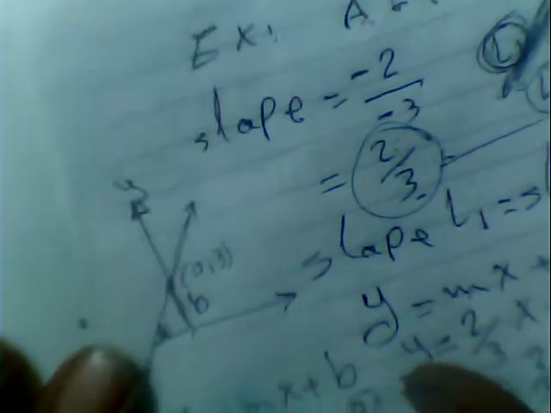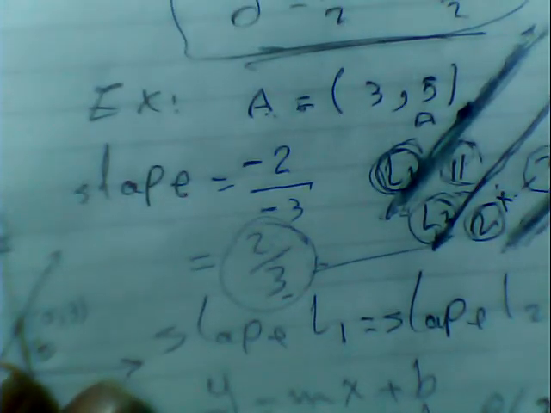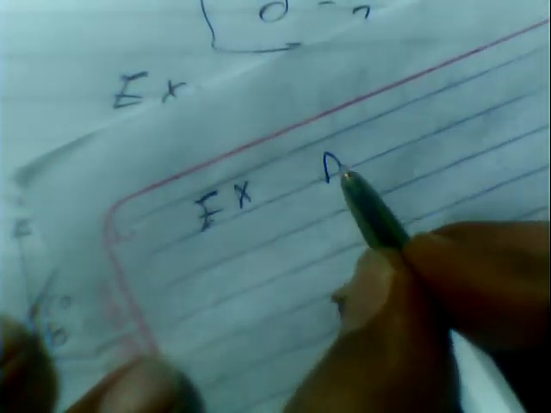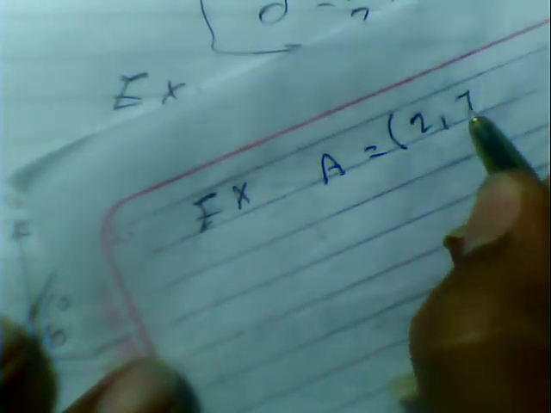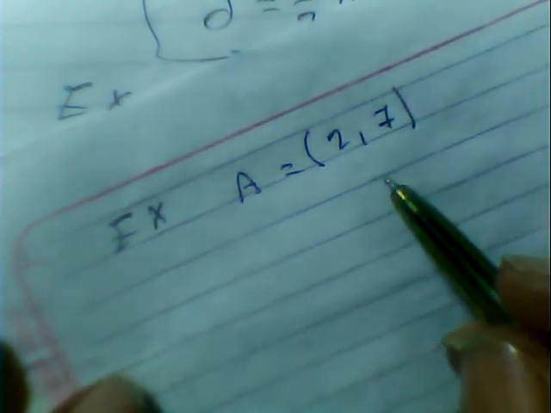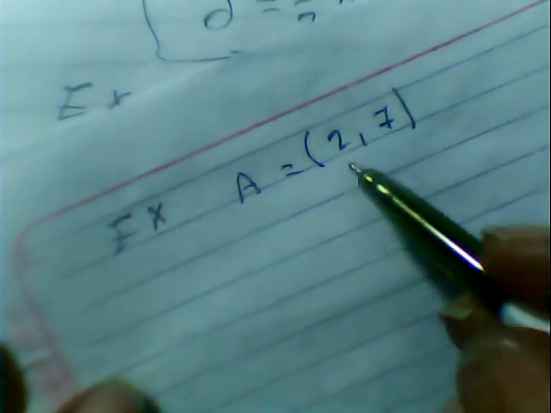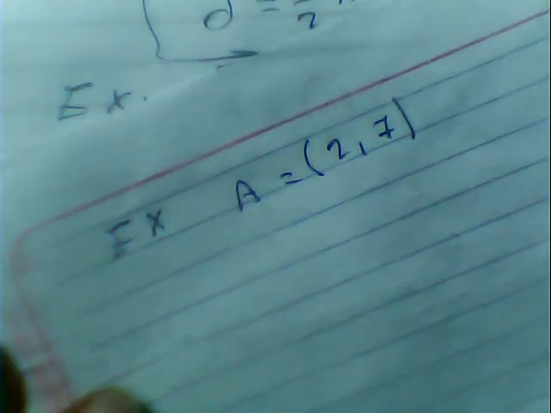Now we can have another exercise. We also have another A equals (2, 7), and we need the equation of the line, but this one is different, not the same.